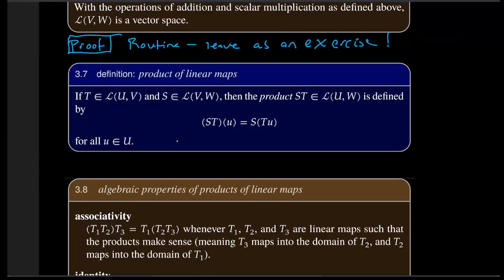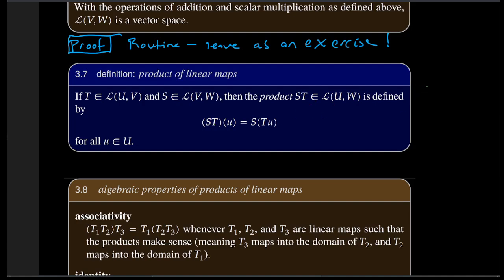So, cool. There is an extra thing you can do with linear maps that is really cool. That is, you can do composition, which is essentially like a notion of multiplication, if you want to think about it like that. So if you take T to be a linear map from a vector space U to a vector space V, and S to be a linear map from V to a vector space W, then the product ST is a linear map from U to W, defined by ST of u is S of T of u.